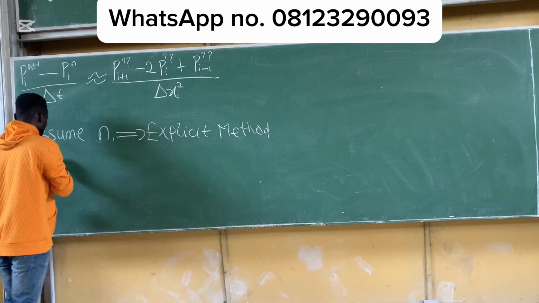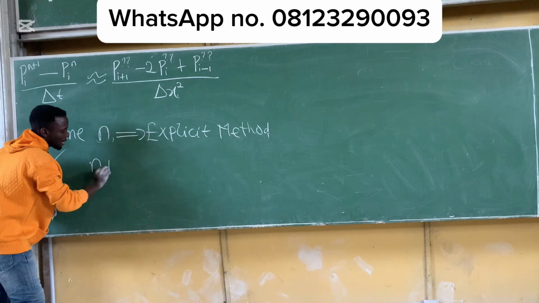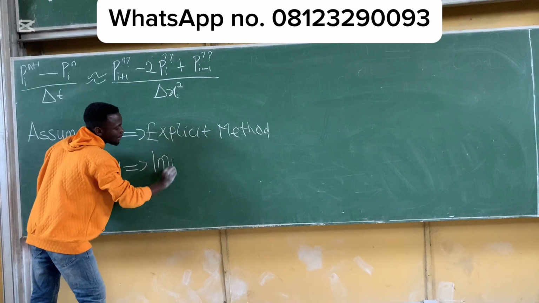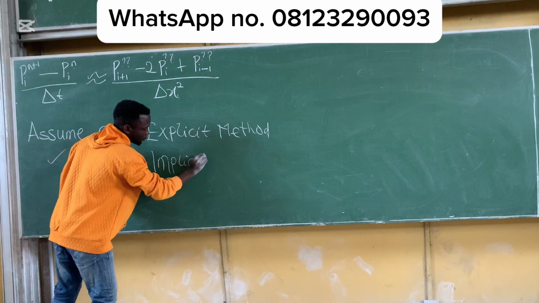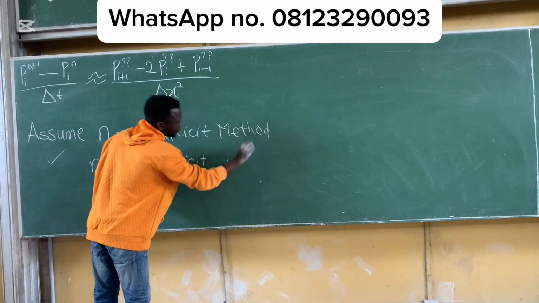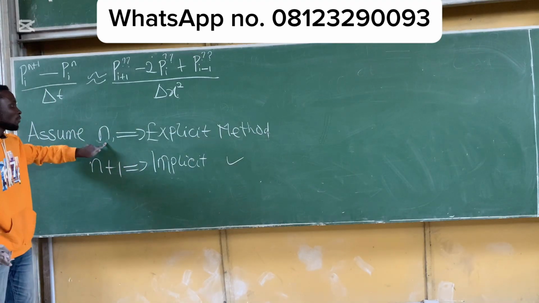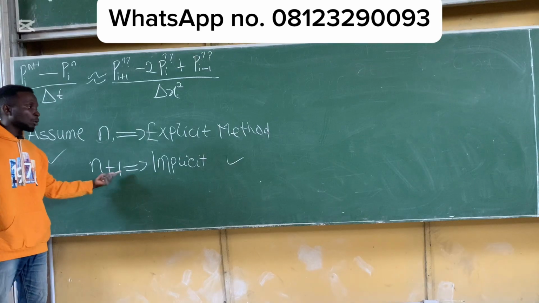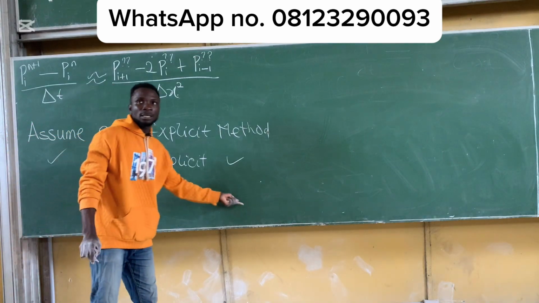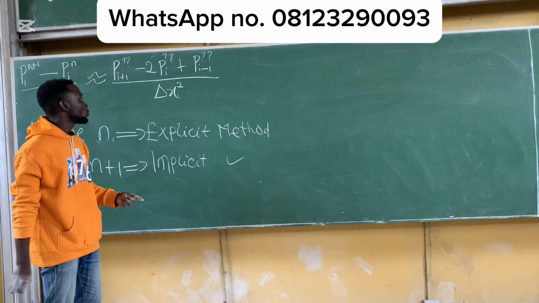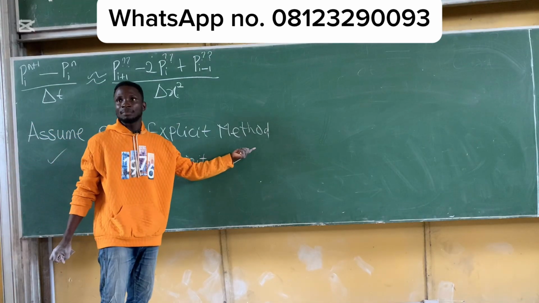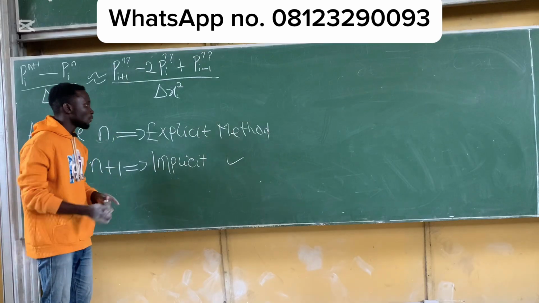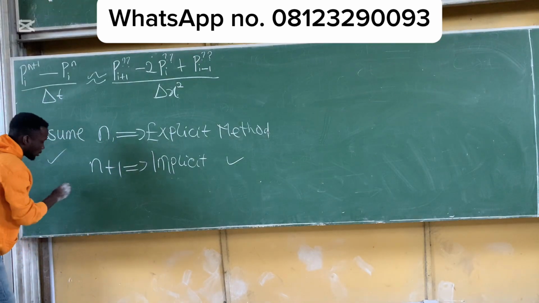And if you assume the time level as n plus 1, you are going to use the implicit method. Assume time level as n, you use explicit method. Assume time level as n plus 1, you use implicit method. So in this class, we are going to look at both the explicit method and the implicit method. So first of all, let's look at the explicit method.